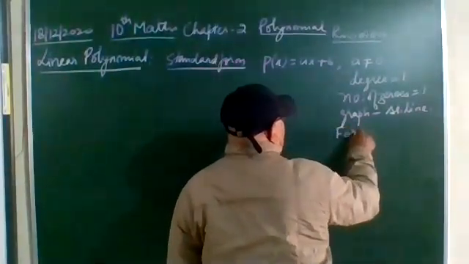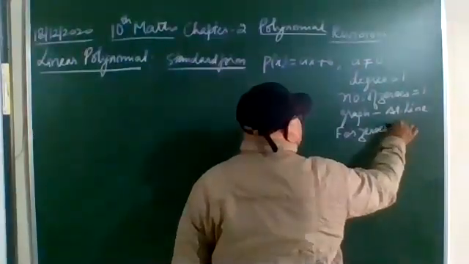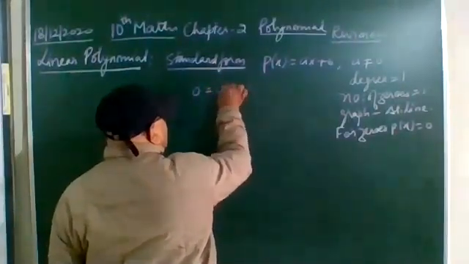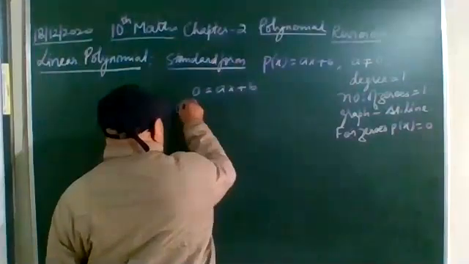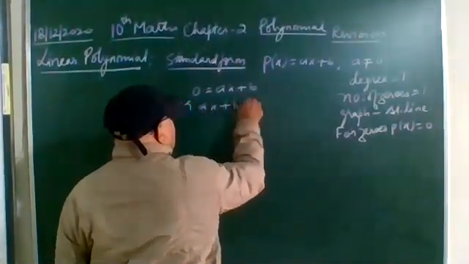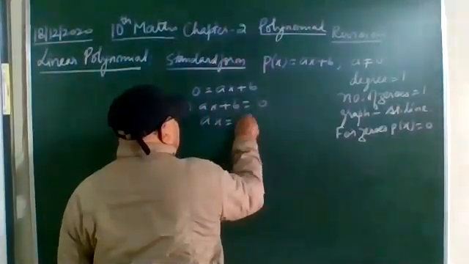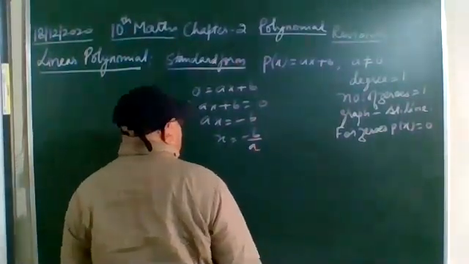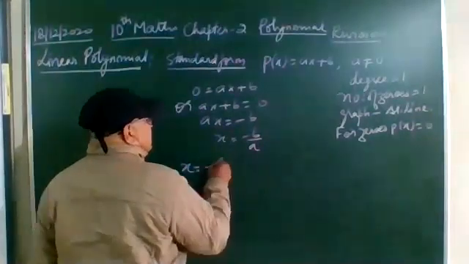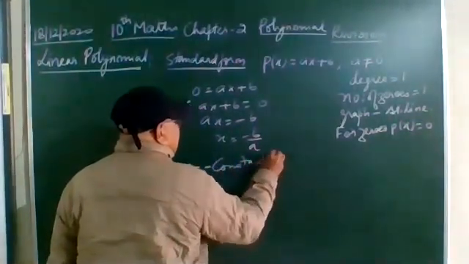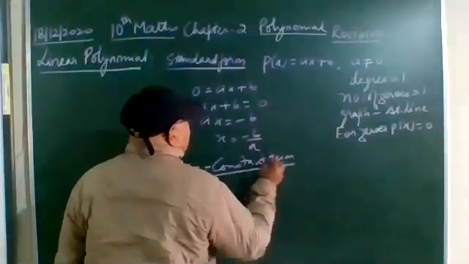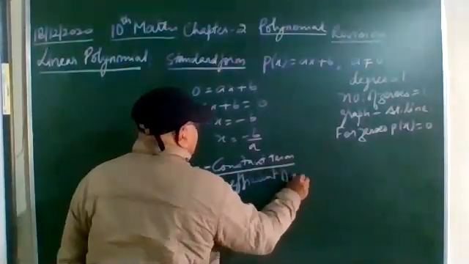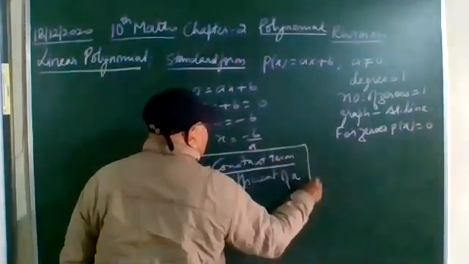For zeros, the condition is P(x) = 0. So 0 = Ax + B, or Ax + B = 0, Ax = -B, x = -B/A. Now, -B is the constant term, upon the coefficient of x.